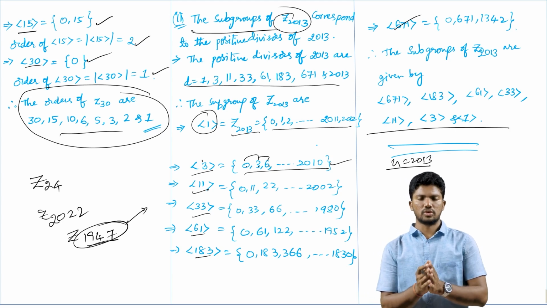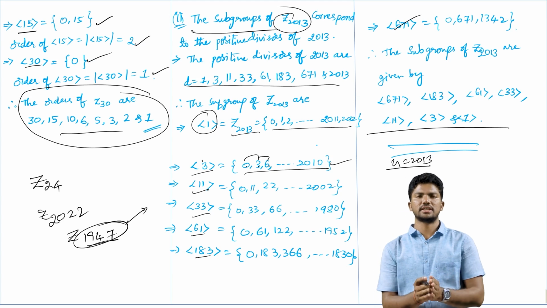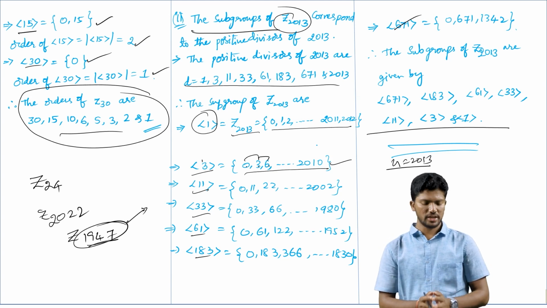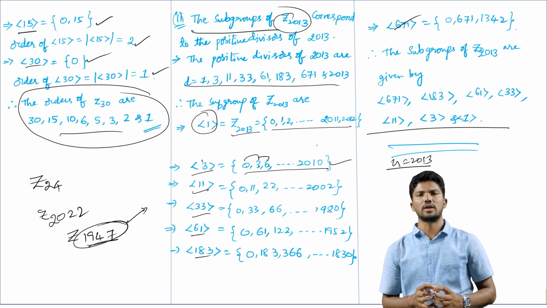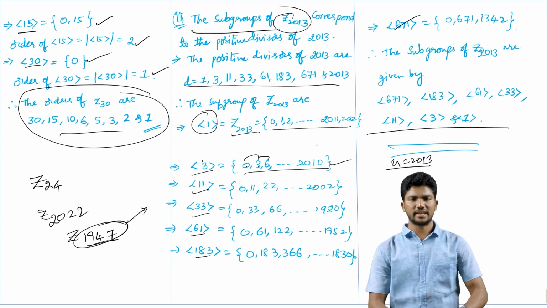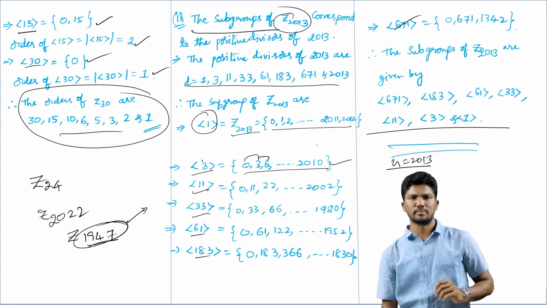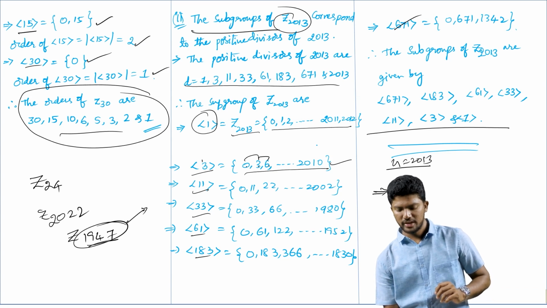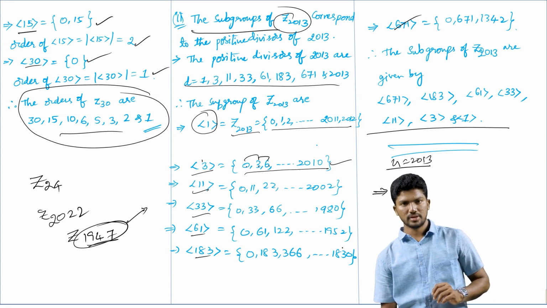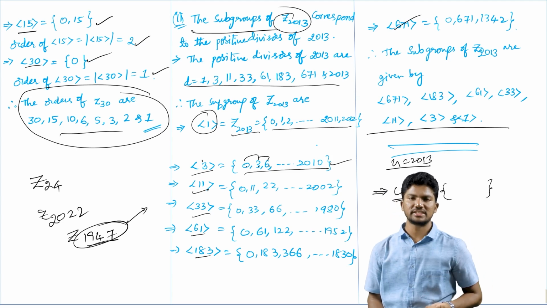So therefore the total number of subgroups we can find in this format. If you get any question in the examination in this format, you have to follow this format only. This is with respect to addition modulo. If they ask with respect to multiplication modulo, then the group will be U of n, the group of positive integers under multiplication modulo.